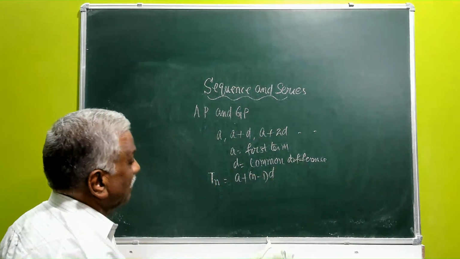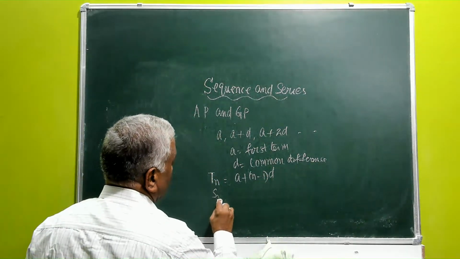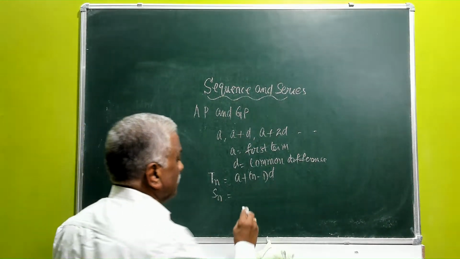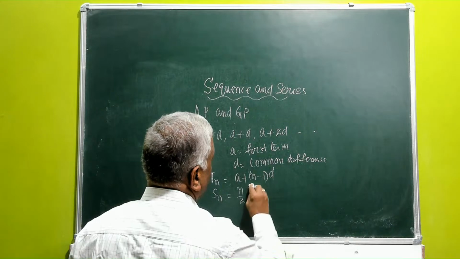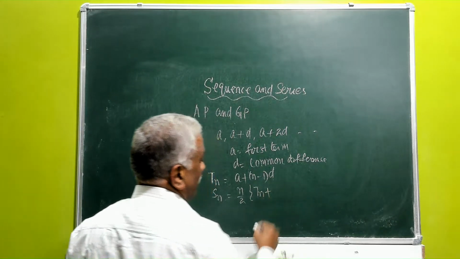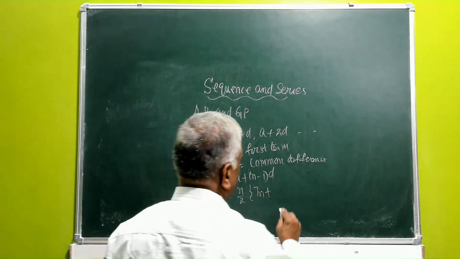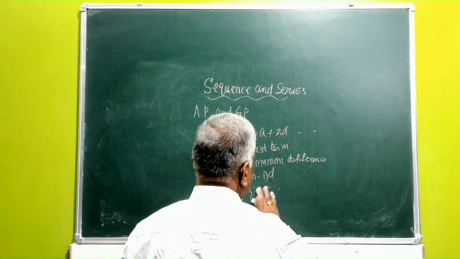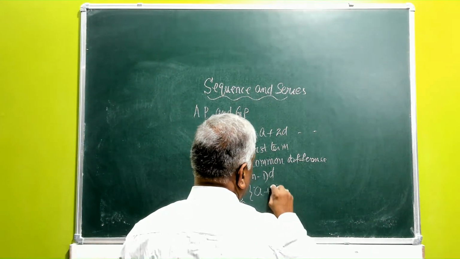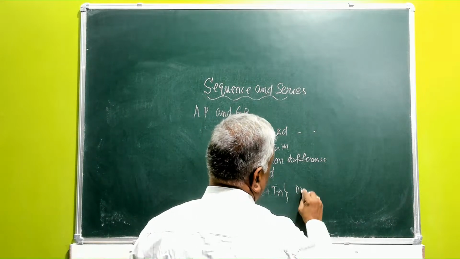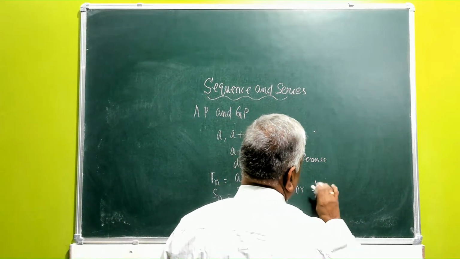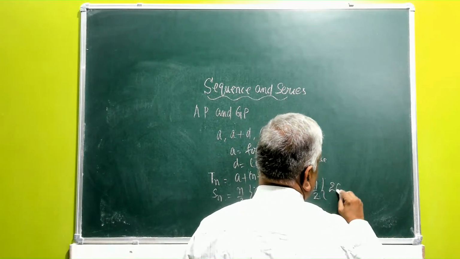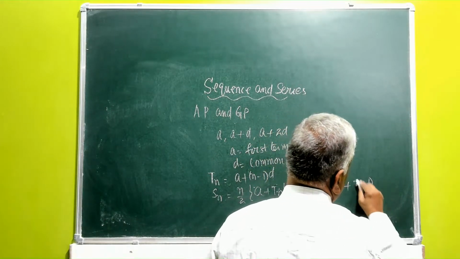You need to remember the formula for Sn. What is Sn? That is sum of n terms. It is n by 2 into (a plus l), or the other form is n by 2 into (2a plus (n minus 1) into d).